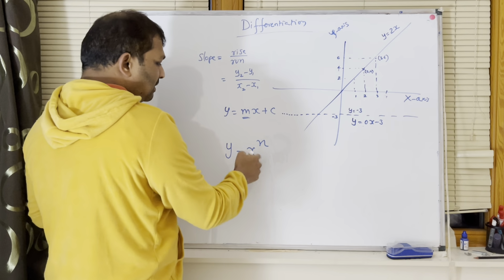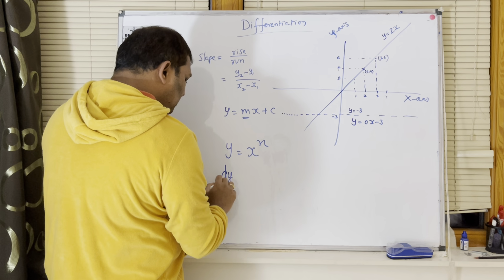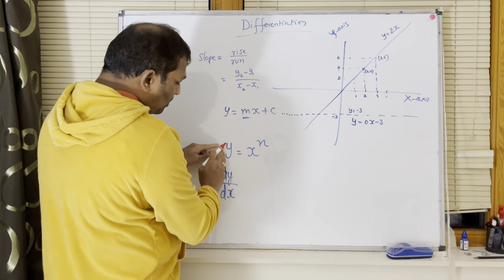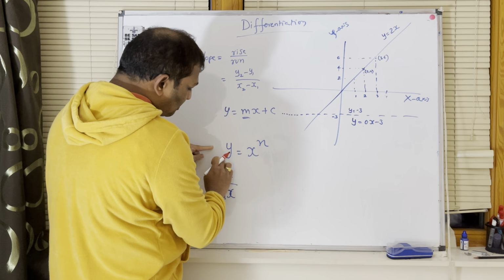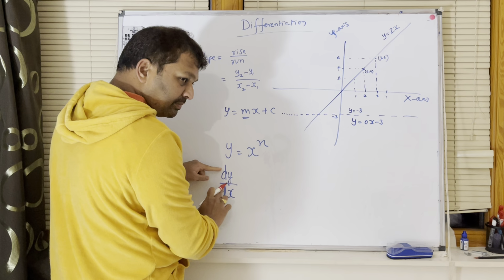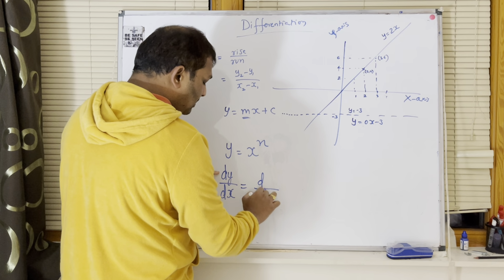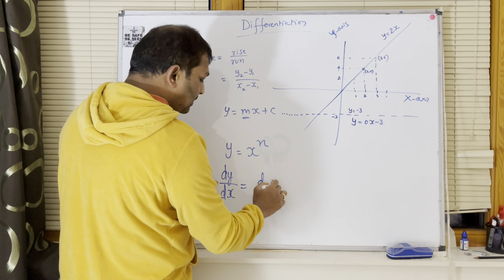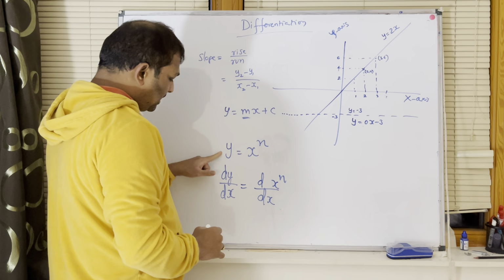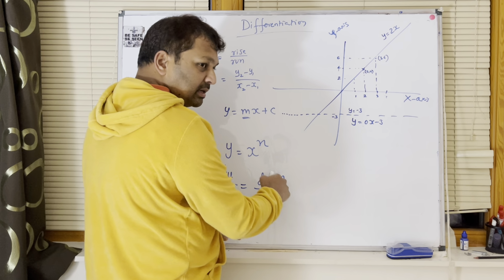When the equation is in this format, this is how you write the differentiation of y with respect to x. Put d by dx on both sides: d by dx of y equals d by dx of x to the power of n.